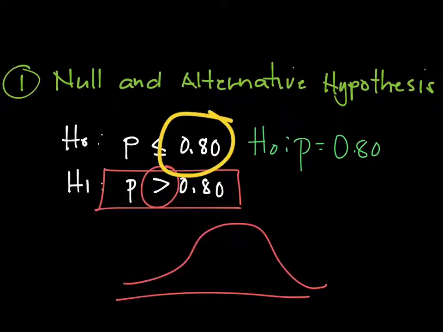A greater than sign would mean that the area of rejection will fall on the right side. Some people use the direction of the inequality to lead us to what region we should shade. So the area of rejection will be on the right side.